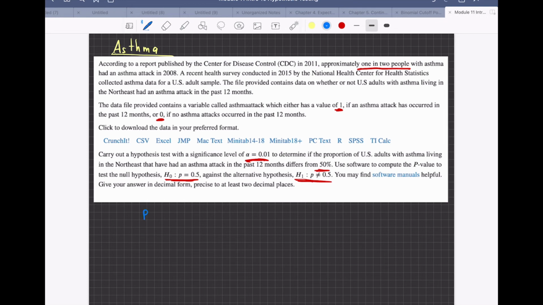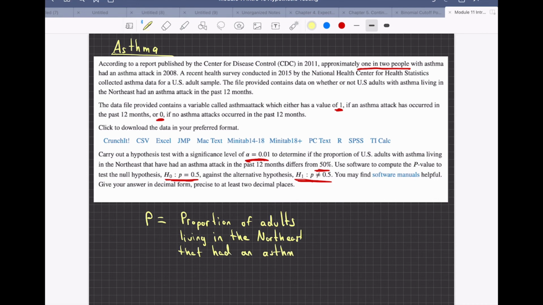So, p is the proportion of adults living in the Northeast that had an asthma attack.